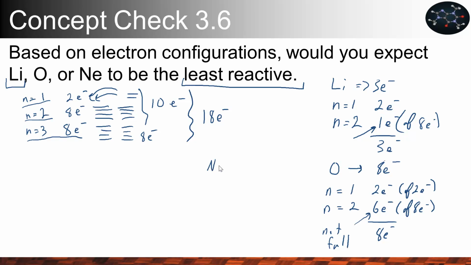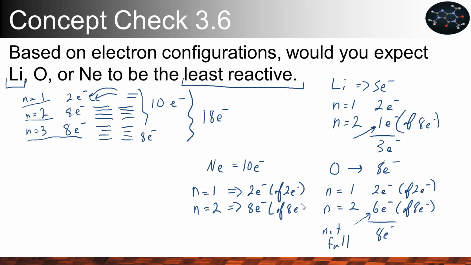How about neon? Neon is atomic number 10, meaning it has 10 electrons in the neutral atom. So let's fill up again. 2 of 2 in the first shell, first orbit. 8 more available, so we put them all in the second.